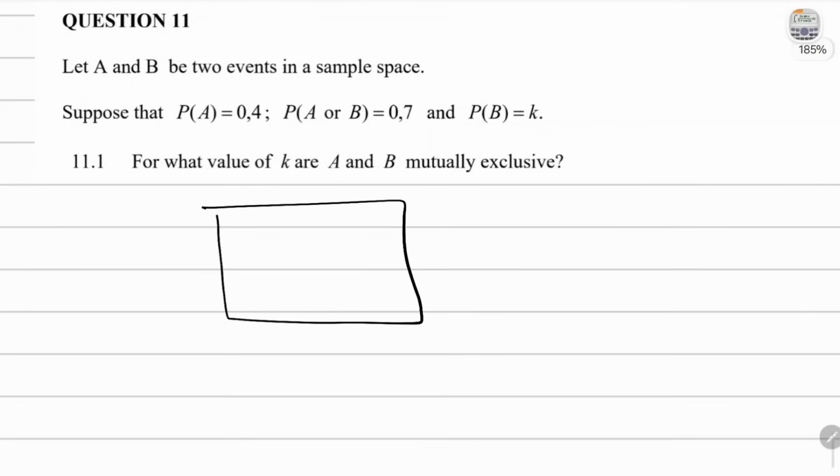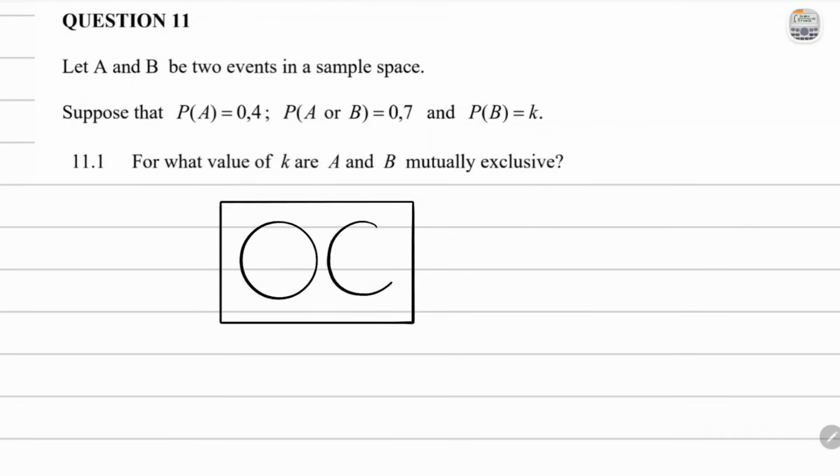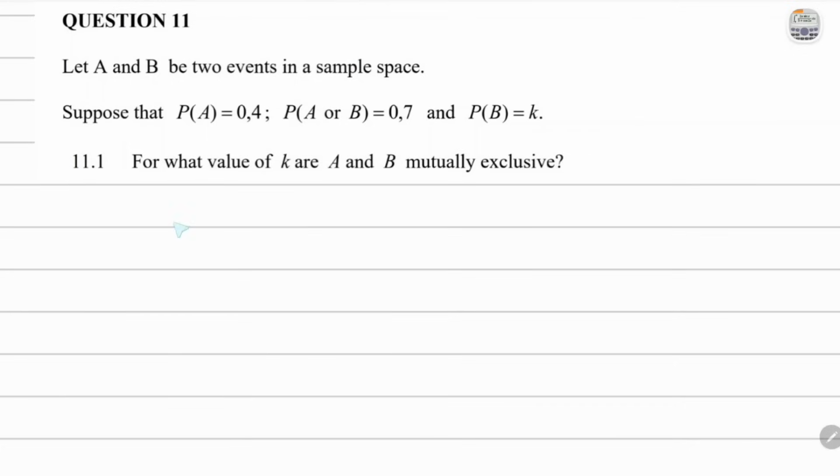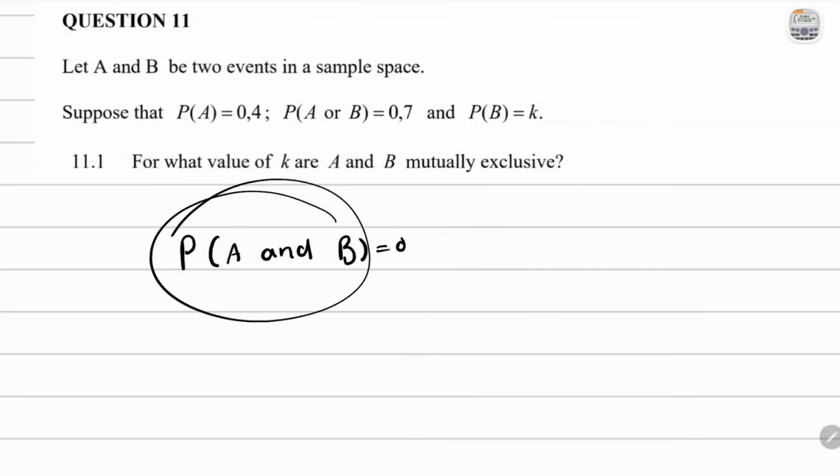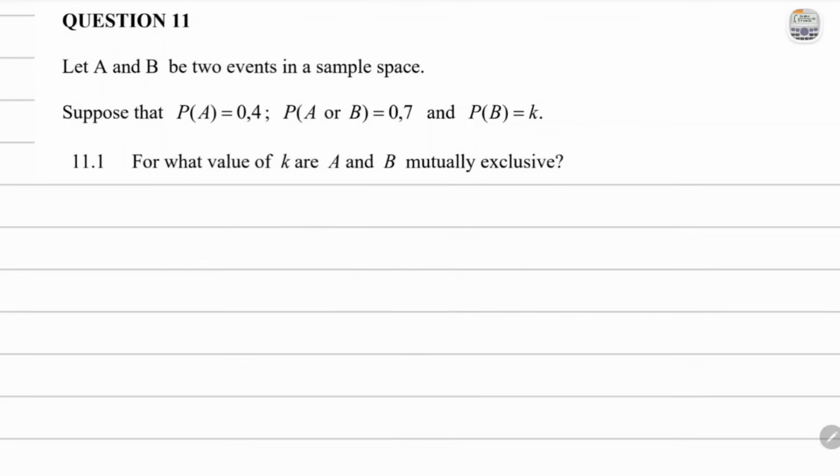Okay, so with mutually exclusive events, remember, they have mutually agreed to exclude each other. These events do not intersect. So because they do not intersect, you will know that the probability of A and B, that intersection, should be equal to 0.